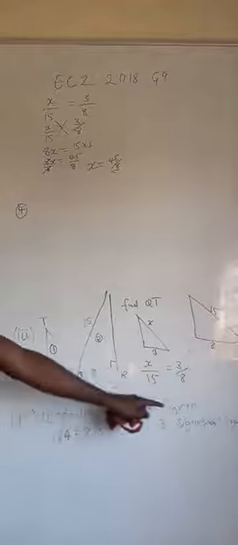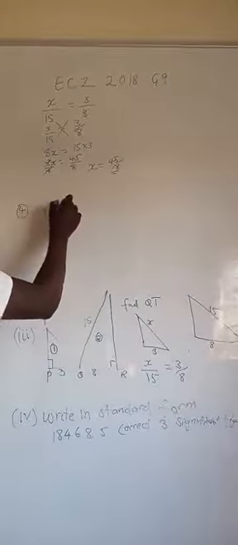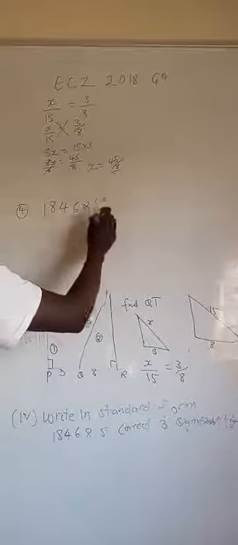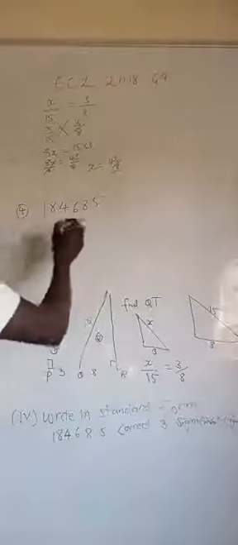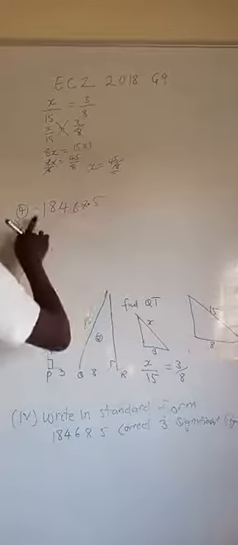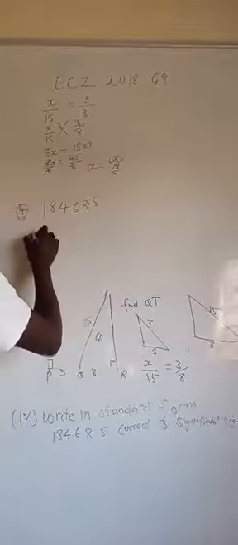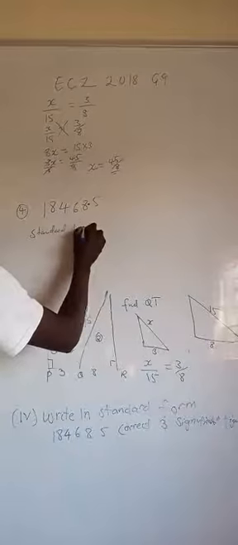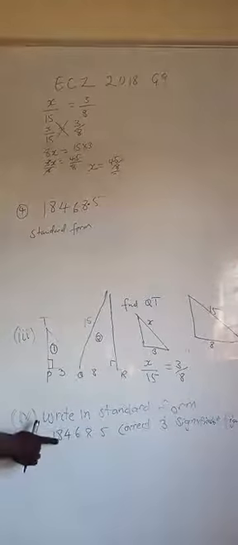Write in standard form this number. The number is 18 460.85, so we're writing this number in standard form. I think I taught you standard form last time.